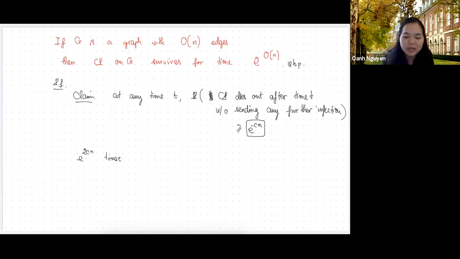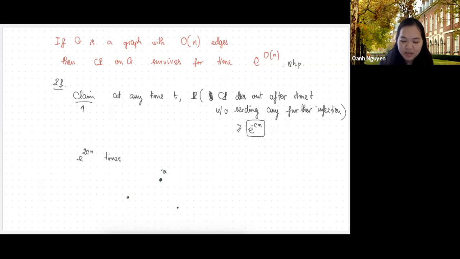And so it means that the contact process will die out by time e to the 2cn with high probability. Okay, so we only need to see why this claim is true. And why is it true? Let's say that there is a vertex V here. After time t, what is the chance that V is healed before sending any infection?